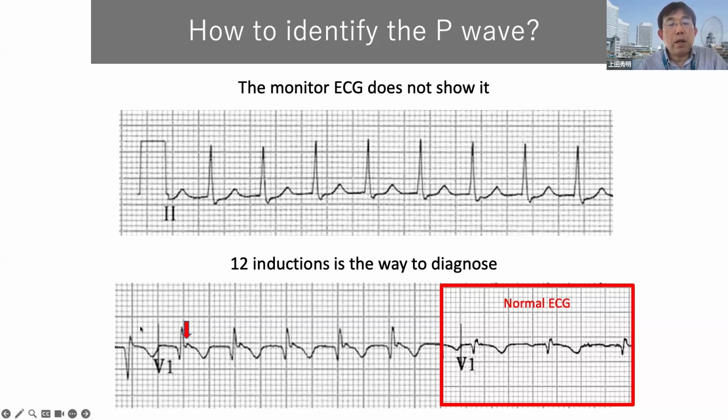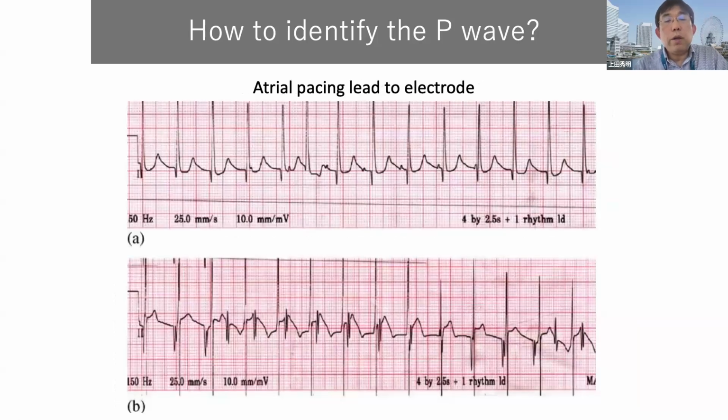As you can see here, just looking at V1, you can see the P wave just behind the QRS. And if we do atrial pacing, you can see the QRS is very narrow, but there still seems to be no relationship between the two waves, right?